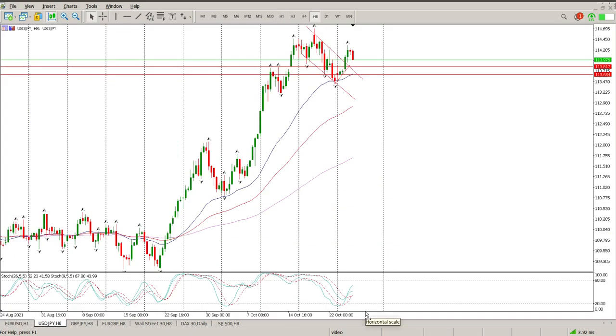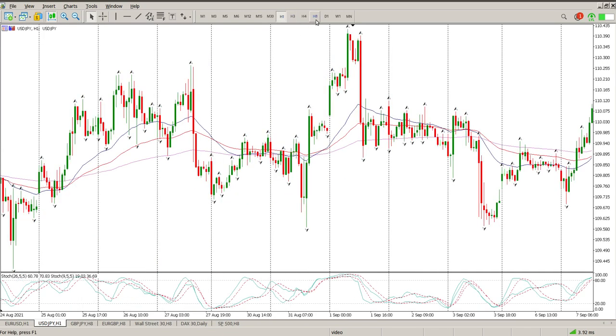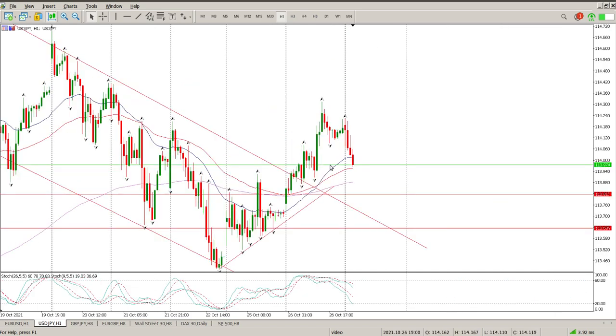US dollar Japanese yen, we definitely got a flag break now. We are coming back to test the break, so I am looking for 113,817 as an entry. If we just come down to the hour, you'll see yesterday was a pretty solid move. It does look like we broke through the top of this flag, came back and tested it, and moved to the upside.